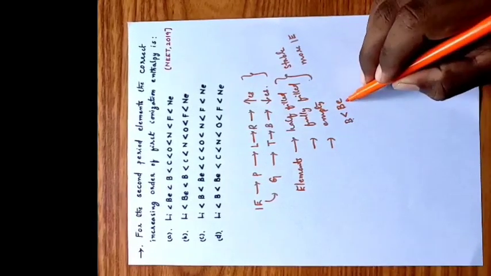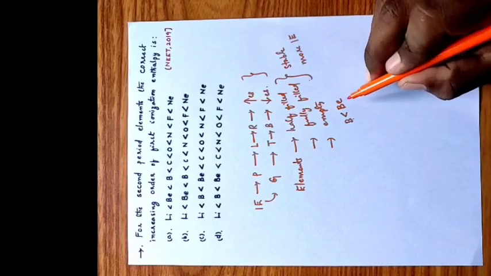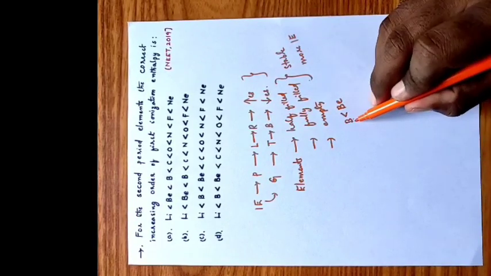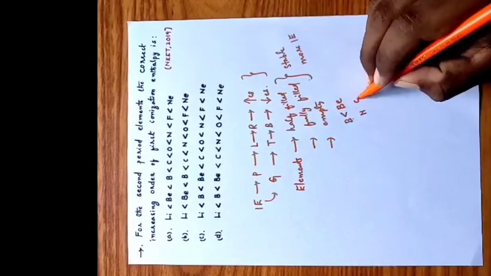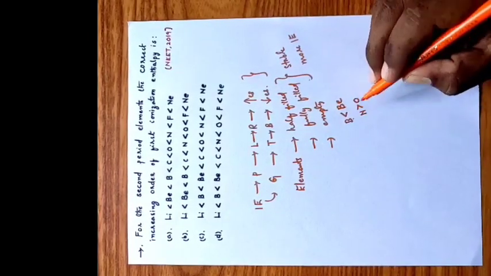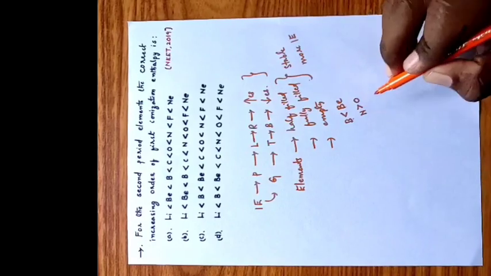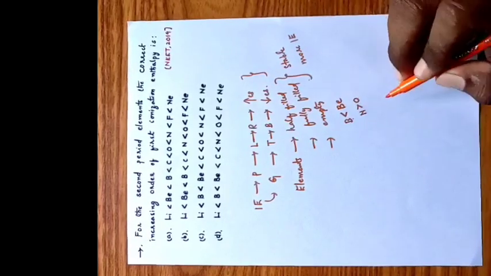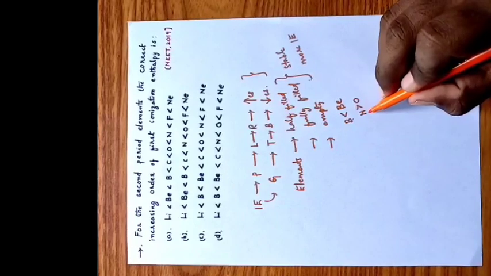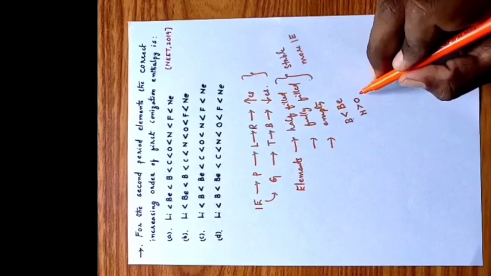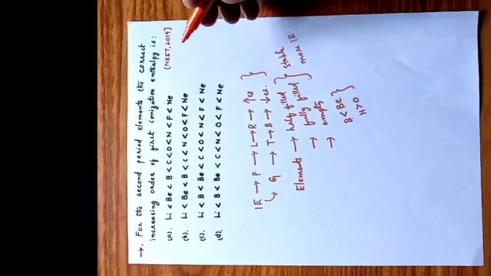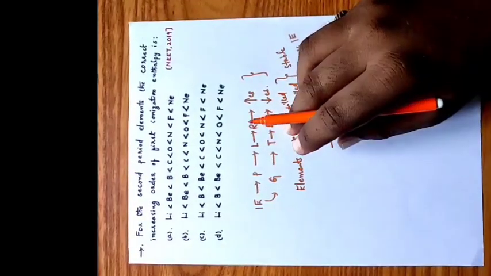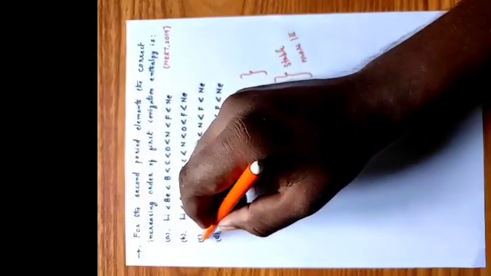So the ionization enthalpy of beryllium is greater than boron. Similarly, if we compare nitrogen and oxygen, nitrogen has exactly half filled electronic configuration when compared with oxygen. That's why nitrogen's ionization enthalpy will be more than oxygen. So due to these two facts, which of the following options is correct? It's very clear, option C is correct.